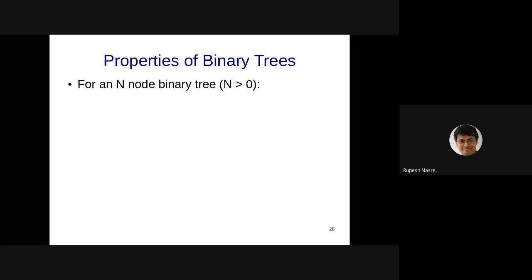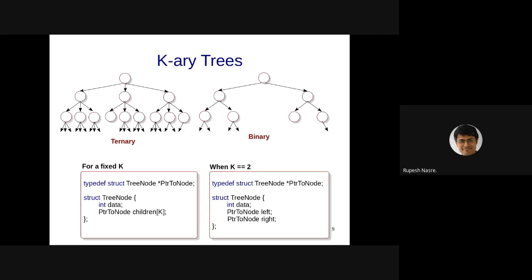So if you look at the previous diagram, essentially all of these are null pointers, which means that this is a leaf, right? Similarly this, right? At the same time, you can as well have, for example, assuming that there is this node here, 2 of the children of this node are null, right?